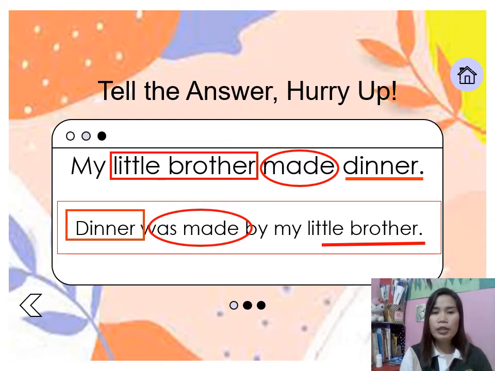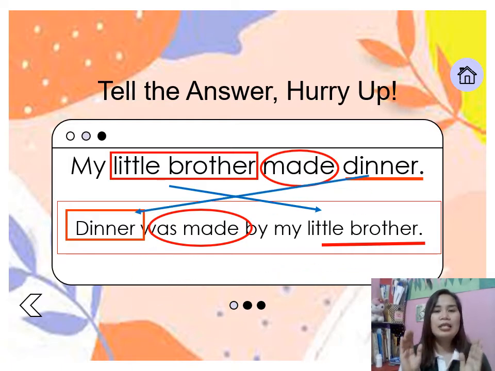Okay, so let's analyze these two sentences. So in sentence number 1, little brother is the subject. He is the doer of the action. And in sentence number 2, it became the object. And the dinner, which is the object in sentence number 1, became the subject in sentence number 2.